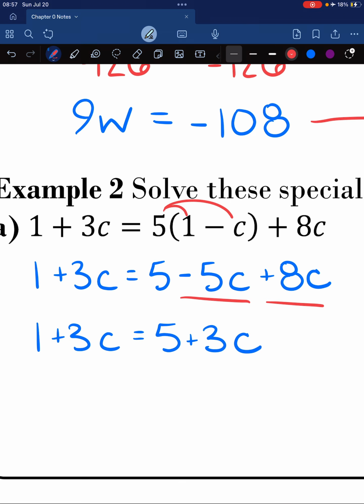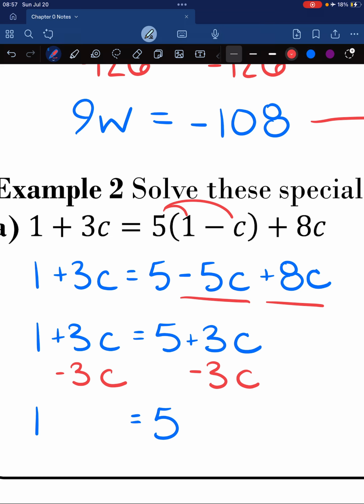Okay, and I'm going to continue combining like terms. And this is interesting. 3c minus 3c is 0, so that goes away.